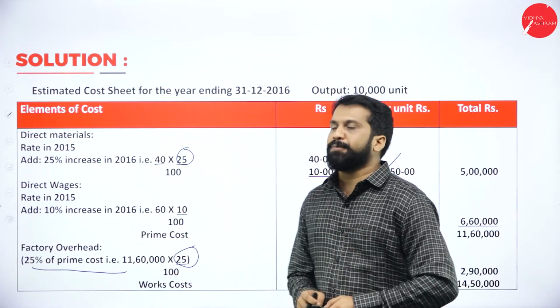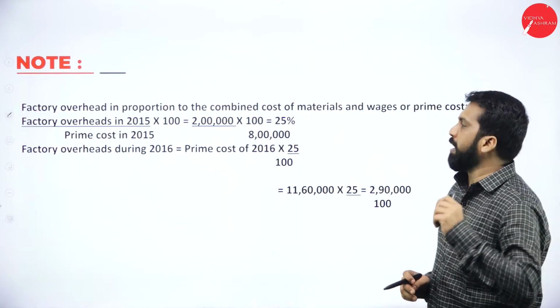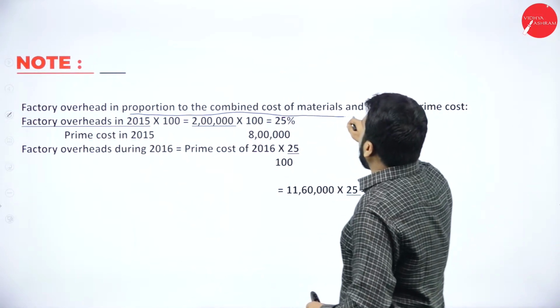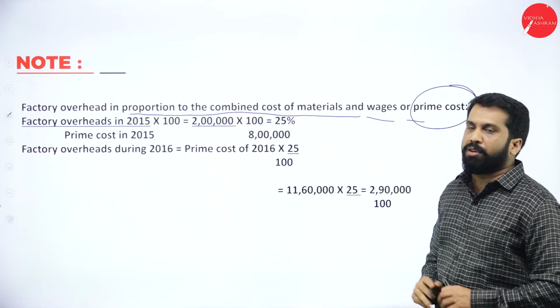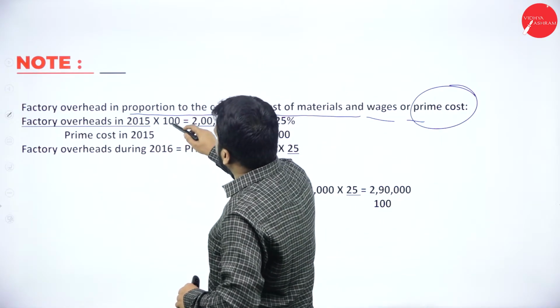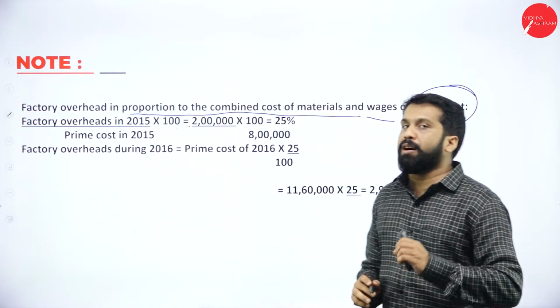I'll show you the working note. This will be your working note. Why did we take 25%? Now, factory overhead in proportion to combined cost of material and wages, that is prime cost. Now, factory overhead in 2015 into 100 divided by prime cost. This will be your formula.